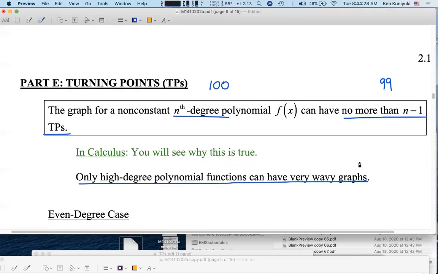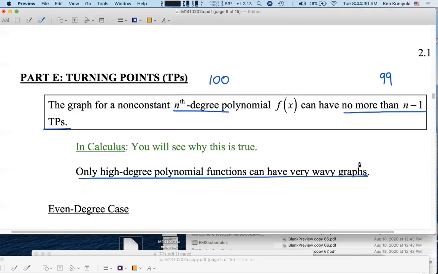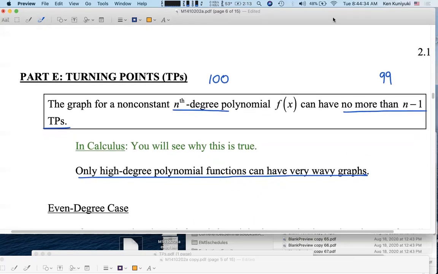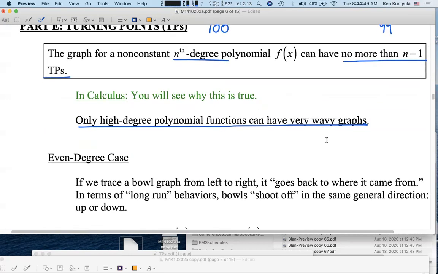Now let's say we have an even degree polynomial graph. And it does matter very much if the degree is even versus odd. In the long run, what does a non-constant even degree polynomial graph look like in the long run? It has to look like a bowl.